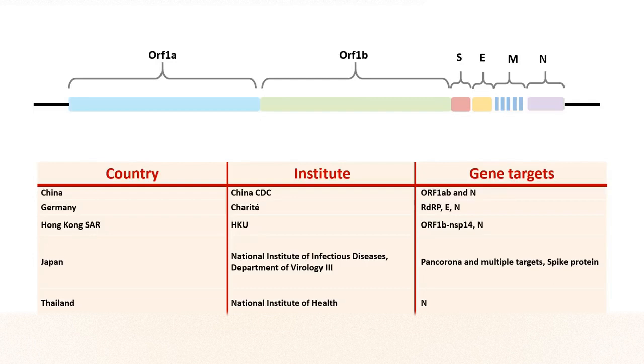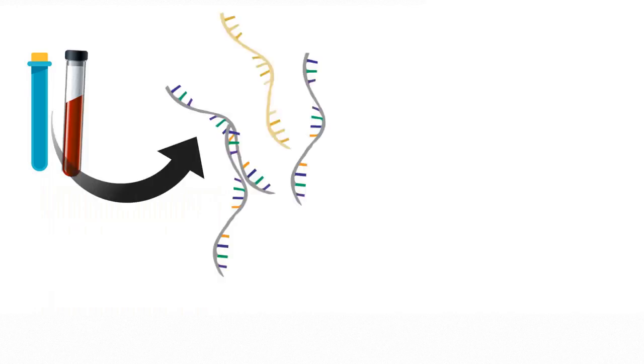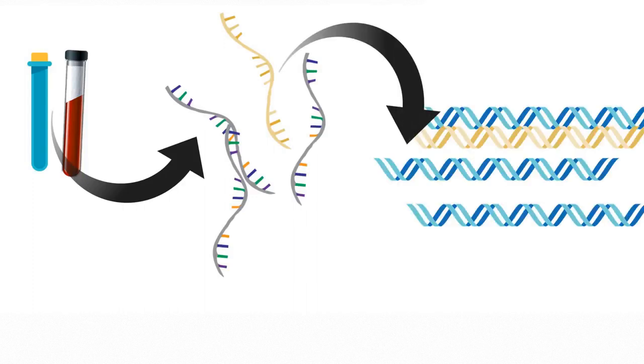Now, every country has their own way of doing it, but everybody is destined to detect the presence of the viral genome. Now, in order to detect that, generally the healthcare officials take your blood or sputum sample, then RNA is extracted from that.